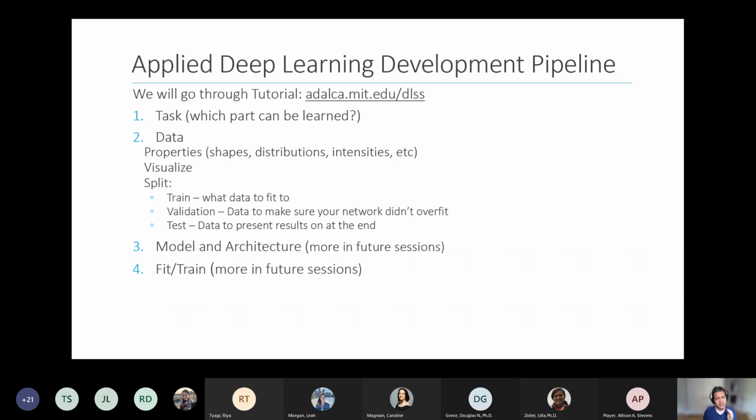Once you've decided on that, you will want to fit your architecture to the training data. Again, there's a terminology issue here. You will hear training, learning, fitting. All of these basically mean you will tell the network, here's the data, here's the network, please adapt the parameters to fit the data.